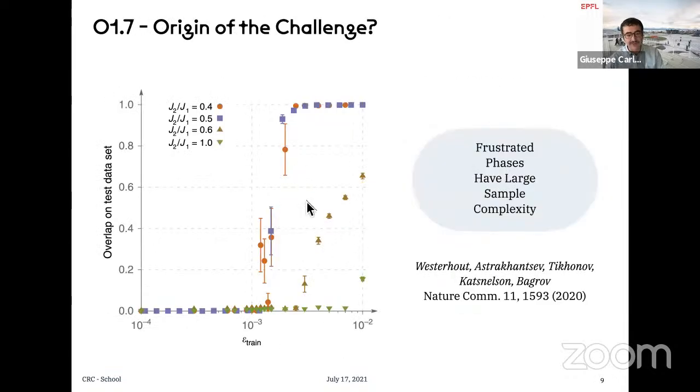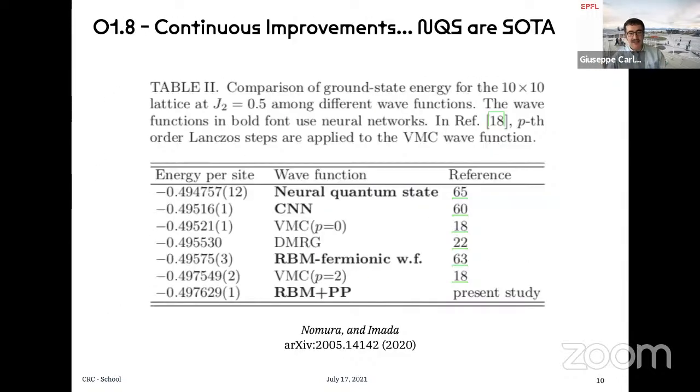However, you can try to beat this sample complexity. For example, if you work with symmetries, they can allow you to reduce the sampling complexity by a factor equivalent to the symmetries that you have in the system. In practice, as a result of several improvements, it turns out that even if you use an RBM, but use symmetries and projections in a smarter way, you can beat essentially all the other approaches on this J1, J2 model.